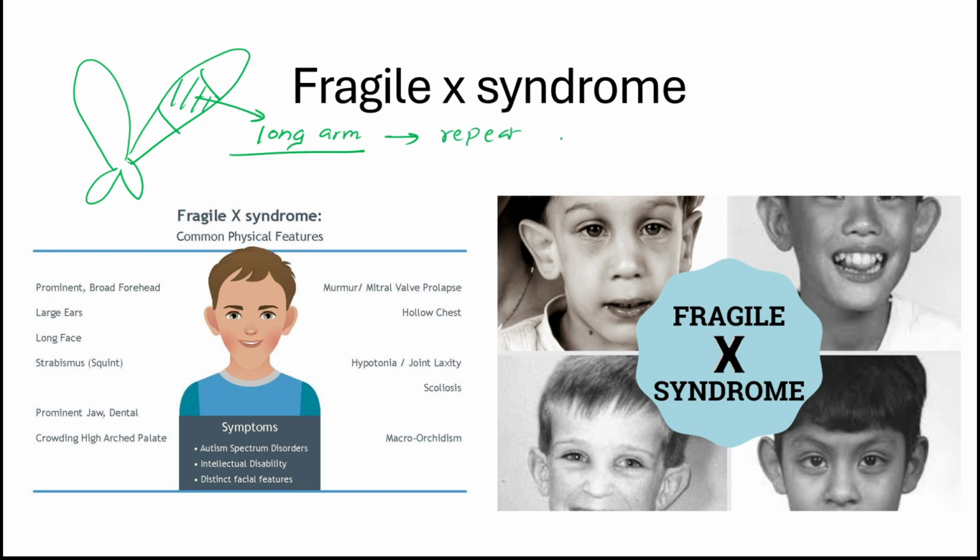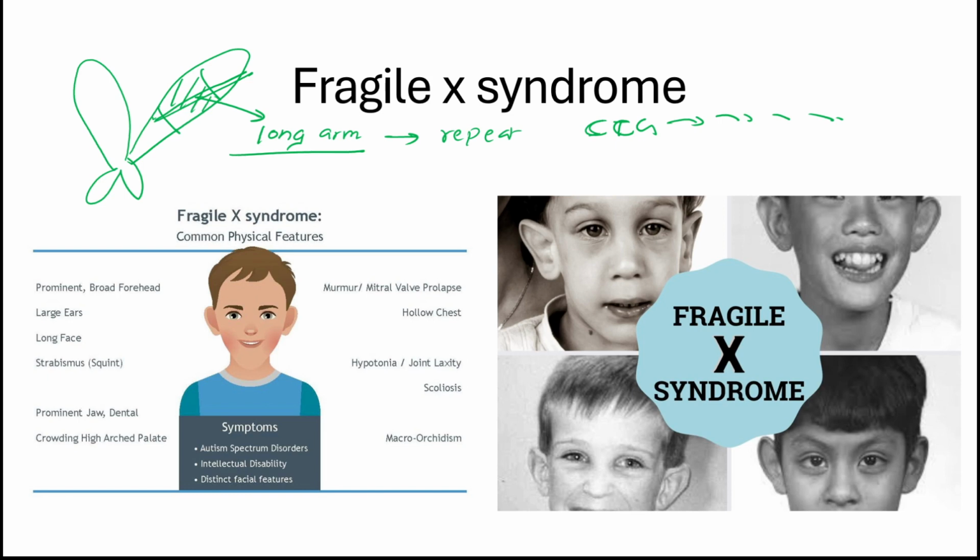I'm not completely sure which disease, but as far as I remember, it's something to do with CCG. This will be repeated as a tandem. So you will have a long line of codons which are not coding for anything. It's just a tandem repeat. This will cause a certain fragility in the X chromosome.